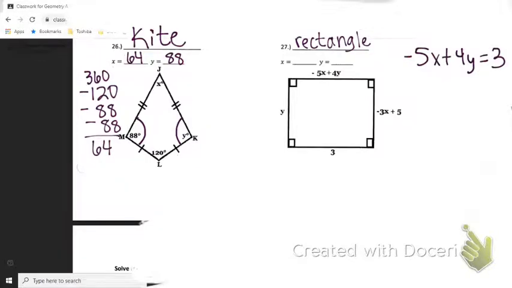We can't solve that because we've still got two variables in it, so that's not super useful right now. But we do also know that the other opposite sides are congruent. So negative 3x plus 5 is equal to y. In order to do this, we need to solve a system of equations.